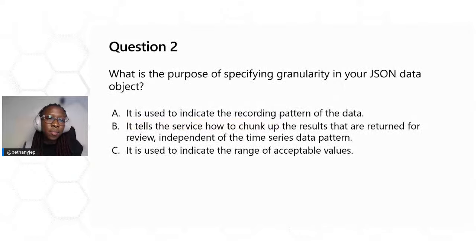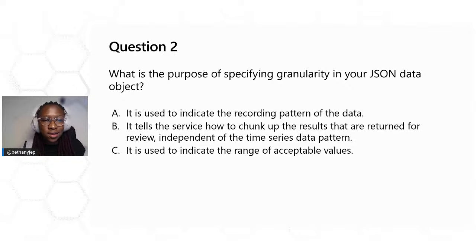The second question is, what is the purpose of specifying granularity in your JSON data object? Give me a second, I'll drink some water. Yeah, the question is, what is the purpose of specifying granularity in your JSON data object?